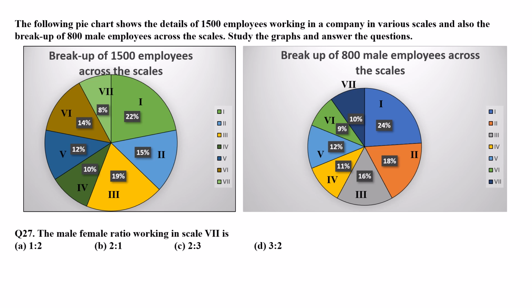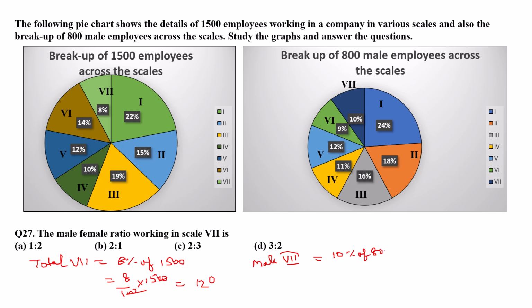So total employees in scale 7 is 8% of 1500. So it will be 8 by 100 into 1500. Now solve it, so 120 employees. Then male employees in scale 7 is 10% of 800, which is 10 by 100 into 800.